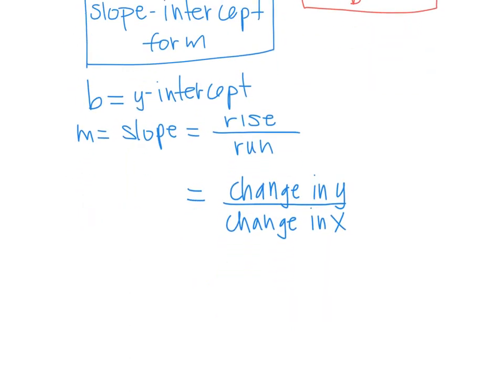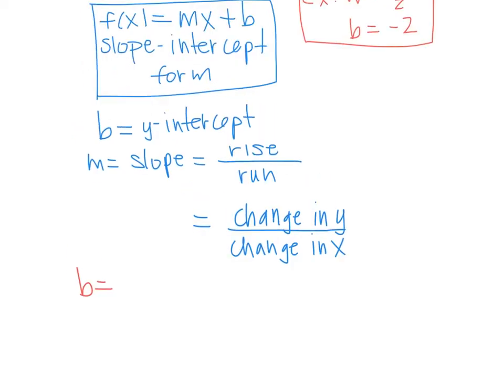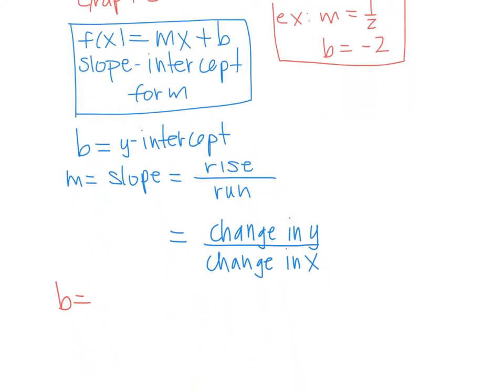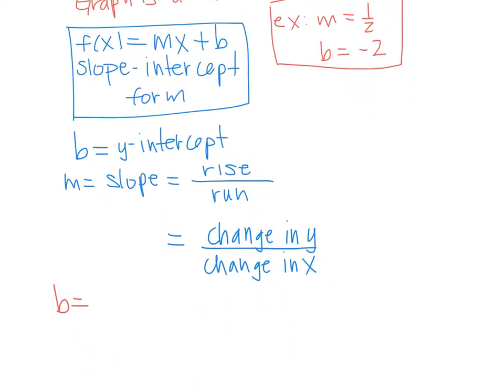So for our example, let's identify these characteristics. Remember, our example is 1/2 x - 2. We said that b is -2, so that means that our y-intercept is the point (0, -2).